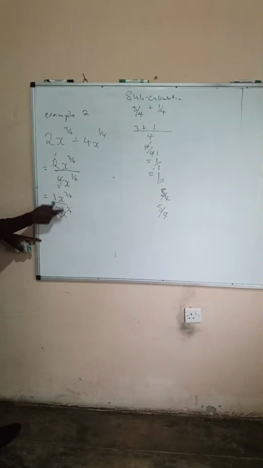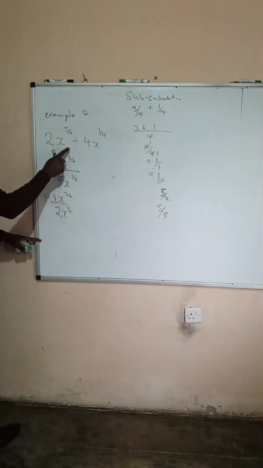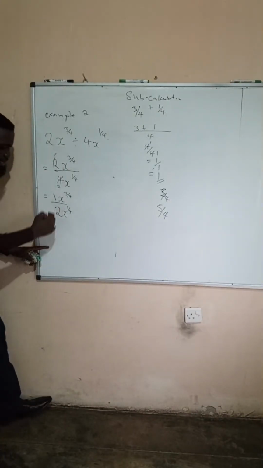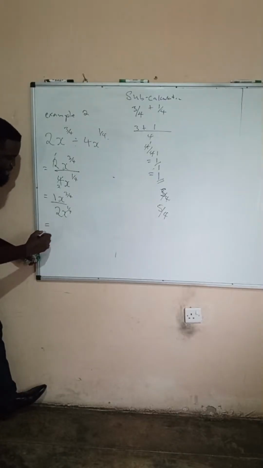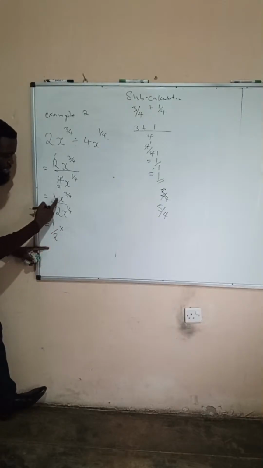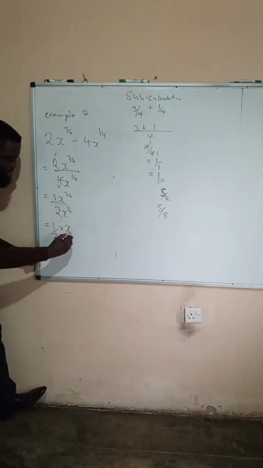So it means these bases are the same. It's the same as I write this. This also means this. Because here it's times. So times x to the power 3 over 4.